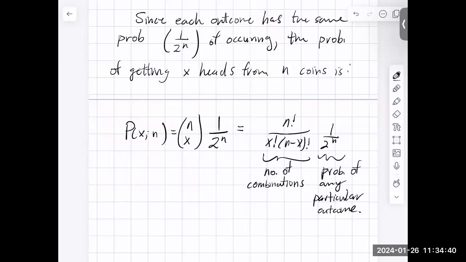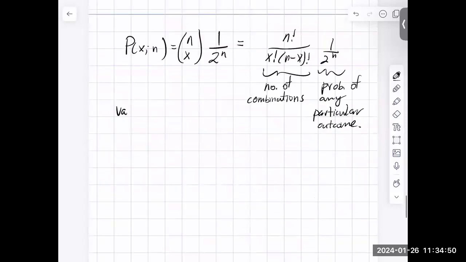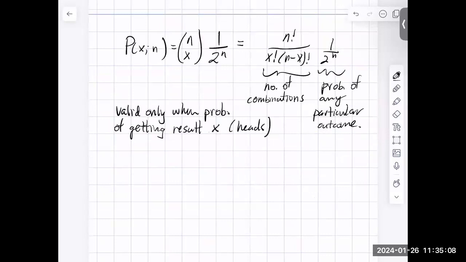Well, then the probability of getting a 1 is not 1/2, it's 1/6. So we want to generalize this. So this is valid only when the probability of getting result X, like for example heads, in any single trial is 1/2.